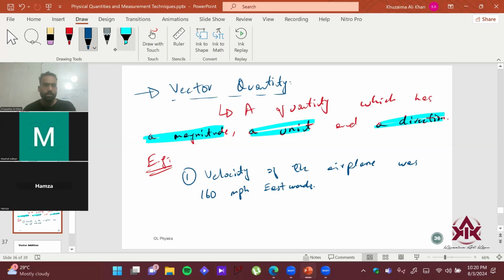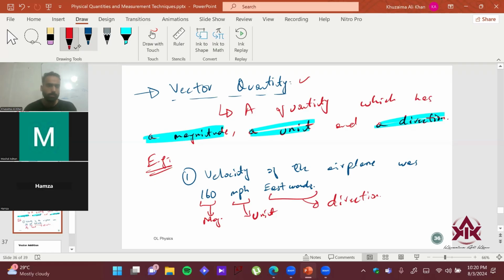So in this we have the magnitude, we have the unit, and we have the direction. So this quantity which has these three things will be called a vector.